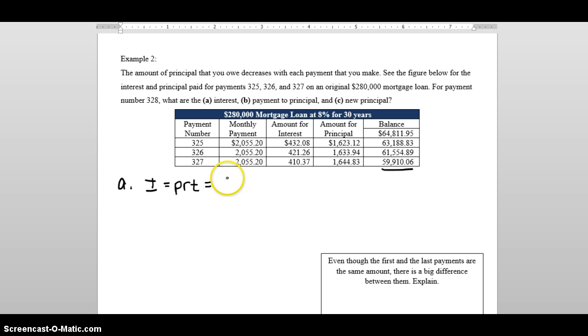Principal is now $59,910.06 times our rate, which in this case here is 8%, times time, which is always 1/12. This gives us an interest payment of $399.40.